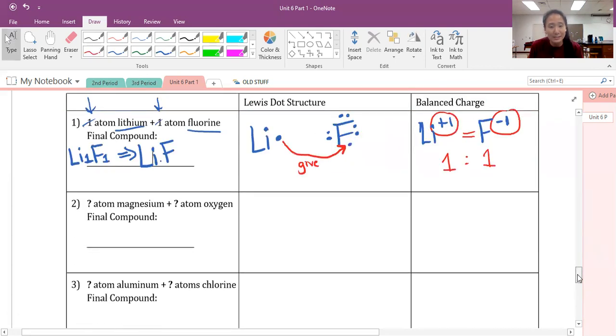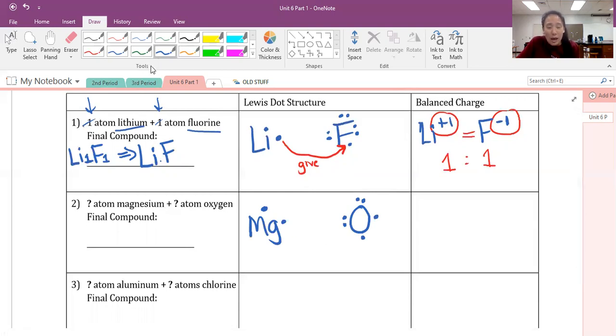So in this next example, you have magnesium and oxygen. It doesn't tell us how many we need, okay? So magnesium is in the 2nd column, so it has 2 valence electrons. Oxygen has 6, so 1, 2, 3, 4, 5, 6, right? So magnesium is going to lose electrons, right?